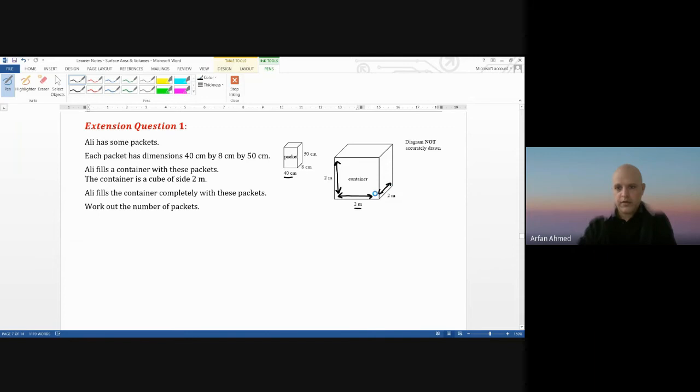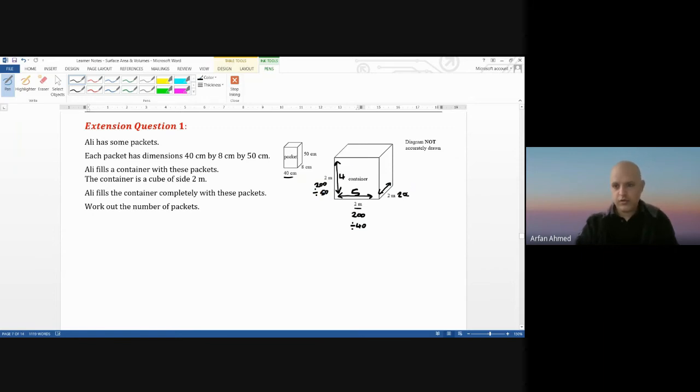So you're gonna have to divide. So 2 meters, let's call that 200 centimeters. Divided by 40, how many 40s go into that? It's 5, isn't it? Let me just double check. Yeah, so you can fit 5 going this way. Again, 200 divided by that bit there, which is 50. That's going to be 4.